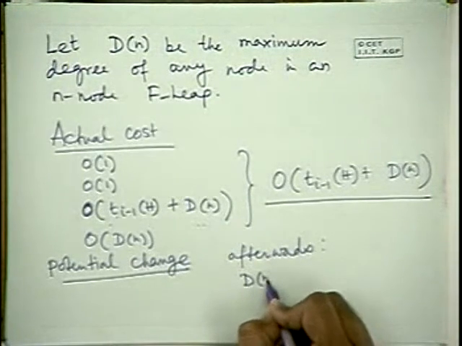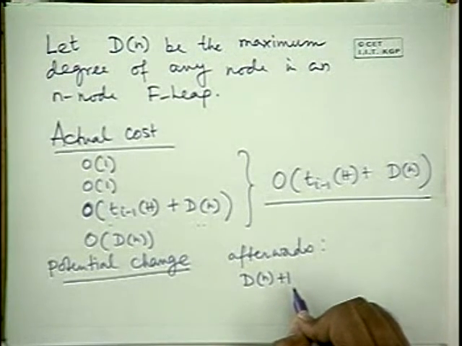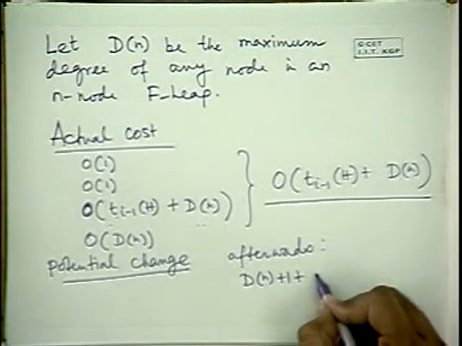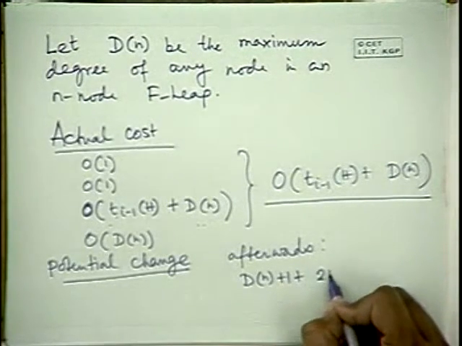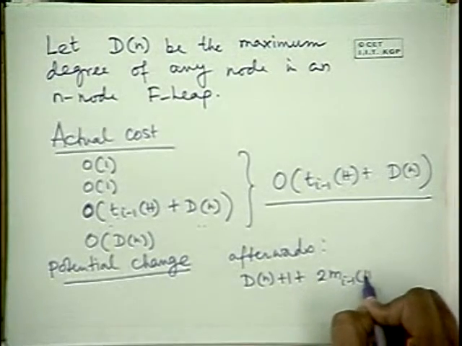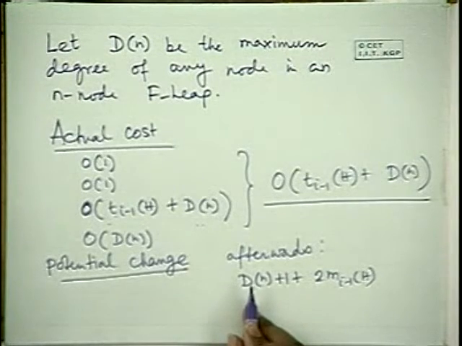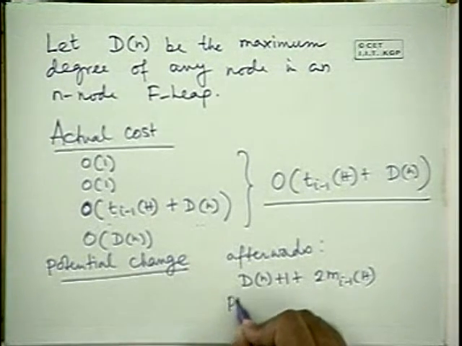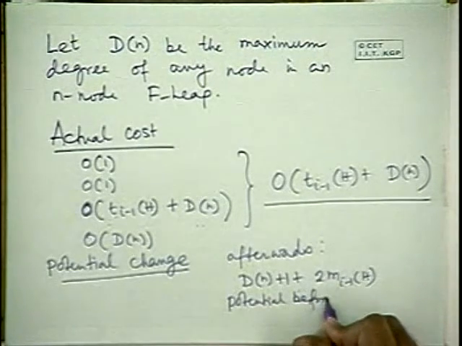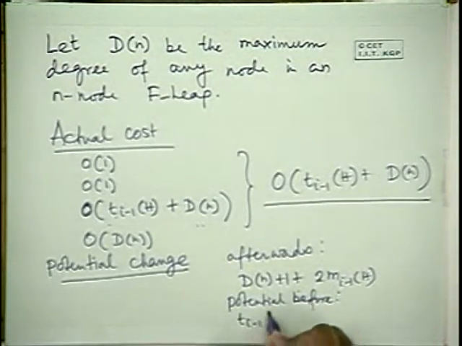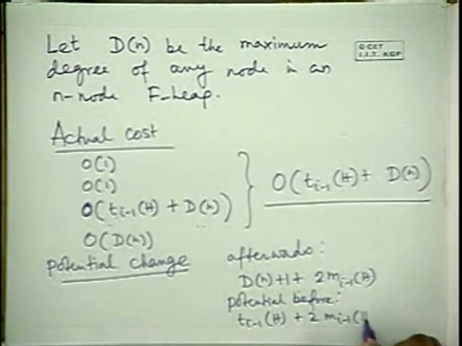It is at most dn plus 1, that many root nodes, plus we did not change anything about the marking, so 2 times mi minus 1 of h. Potential afterwards is at most that. And potential before is Ti minus 1 of h plus 2 times mi minus 1 of h.